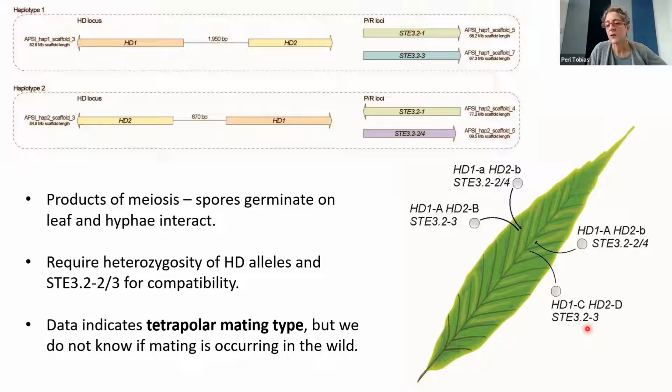The question then arises: if we have a different strain arrive in Australia, perhaps the South African strain, and it has these genes at the HD locus, and this particular variant of the pheromone receptor, can this mate with this one?